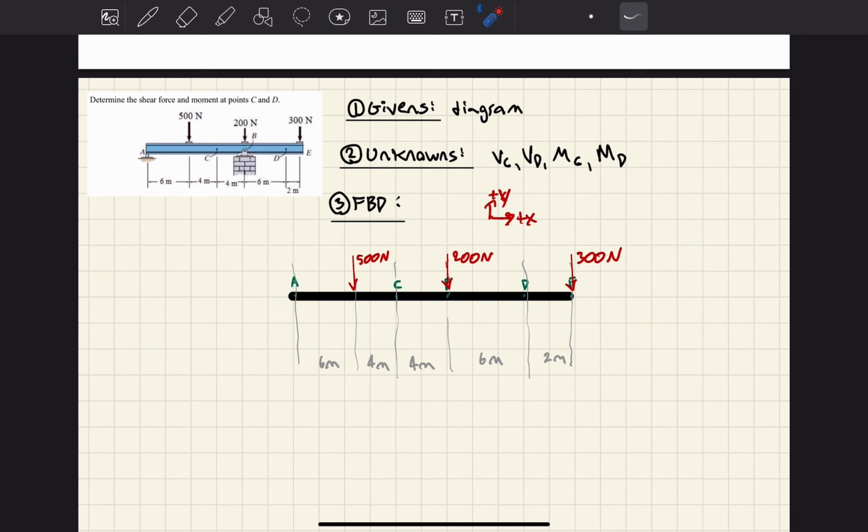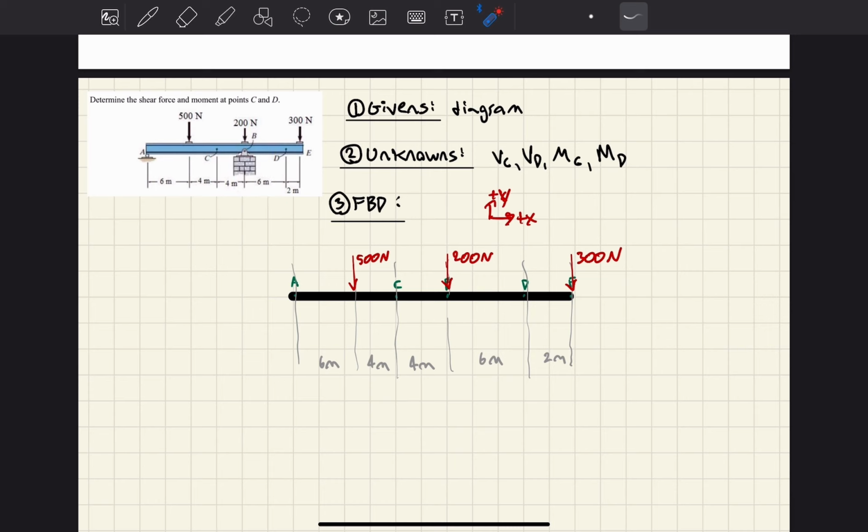Well, we actually do. Due to this pin connection, as well as this roller connection. There are different types of connections, and each one of them causes different reactionary forces. If there's an example of a fixed connection, like a beam like so, you'll have a moment, you'll have an X and a Y component that you have to add. There's rocker connections that look kind of like this. So you basically have to memorize all of them to know what components you will have.